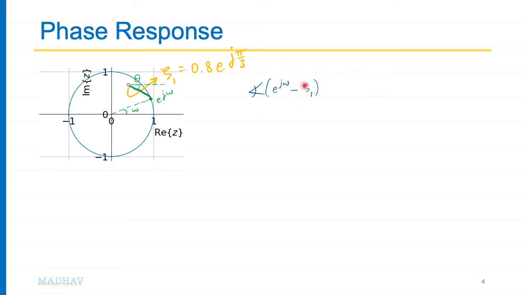So this angle is this θ, and it is a function of ω. That's why you can also write it as θ(ω). Let's plot it now and see how it looks. On the y-axis I have this θ as a function of ω, and on the x-axis I have ω.